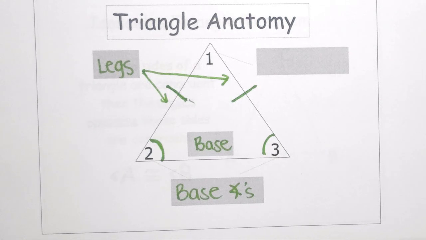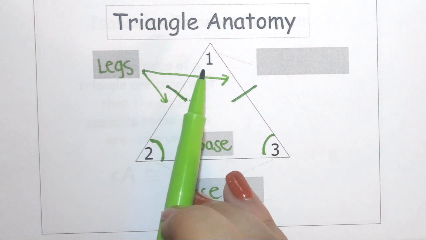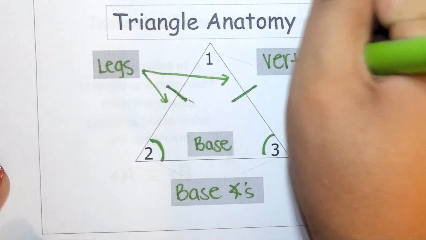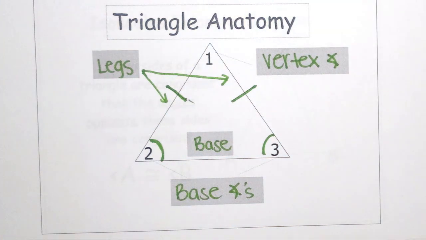Last but not least, if we have two angles that are congruent, don't we have one angle that's chilling on its own? Yes. That angle is called the vertex angle. And that vertex angle is always going to be in between the two legs.